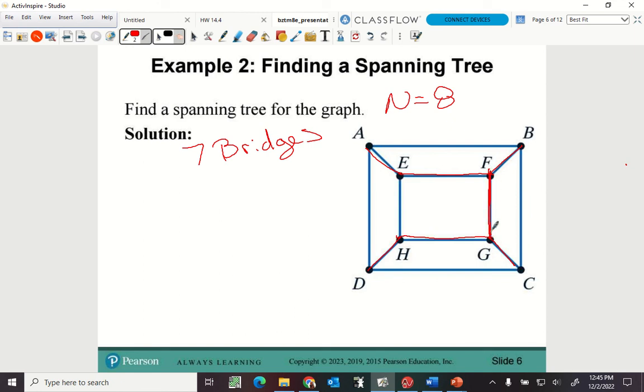So now I put in 7 bridges. I did not use all the edges here, right? But what I did here in red, is there any circuits? No, no circuits. Right here I was able to show everything I have. Does that make sense?